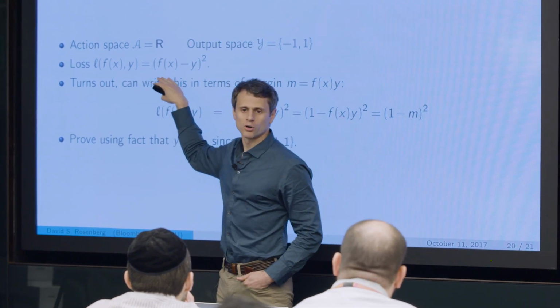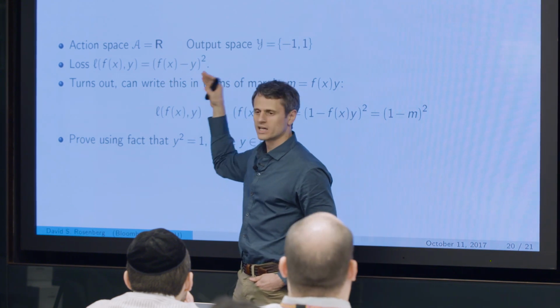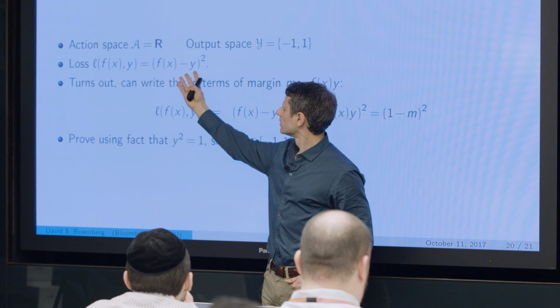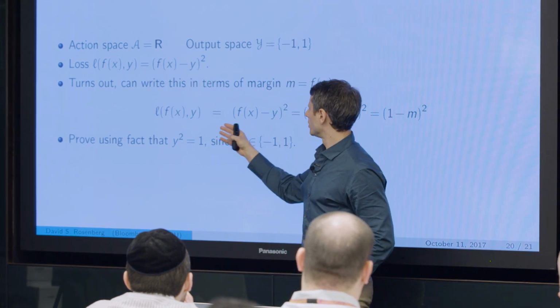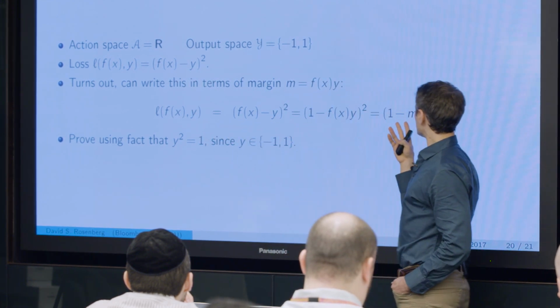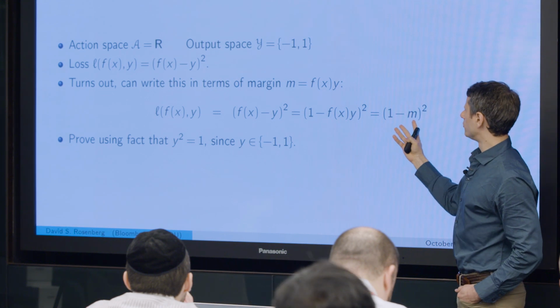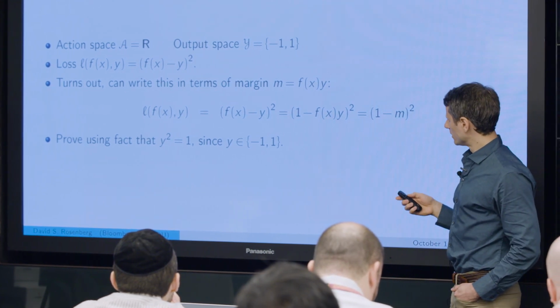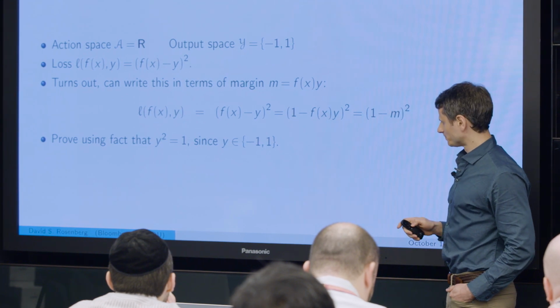F of x is our score function, it's real valued, y is -1 or 1. Those are all numbers, so you can do square difference. And it turns out you could rewrite this as a margin loss. Square loss is a margin loss, the quantity (1 - m) squared. You could check that yourself later.